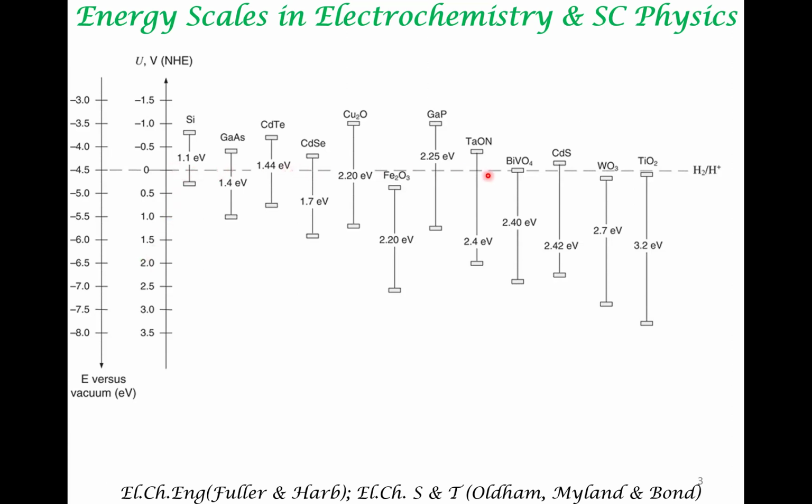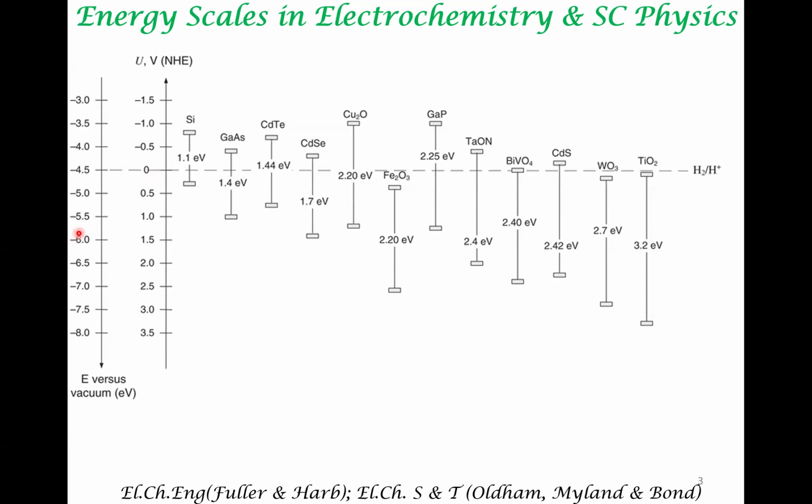So first, this is a quantity that is familiar to you. This is the redox potential of the standard hydrogen electrode or normal hydrogen electrode that has a value of 0 in the electrochemical scale. There is a way of comparing this scale against this scale.